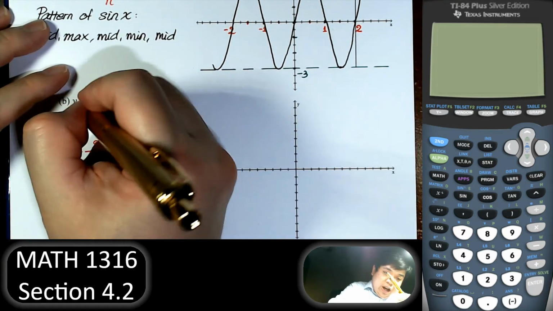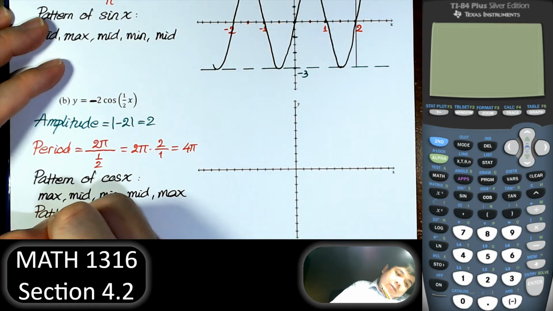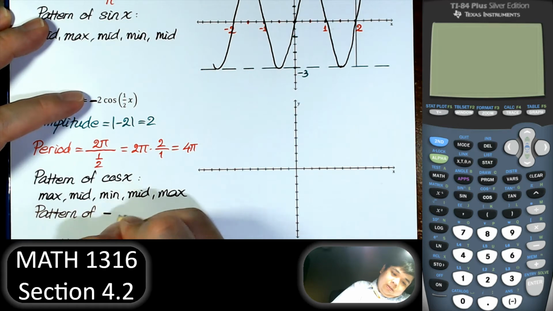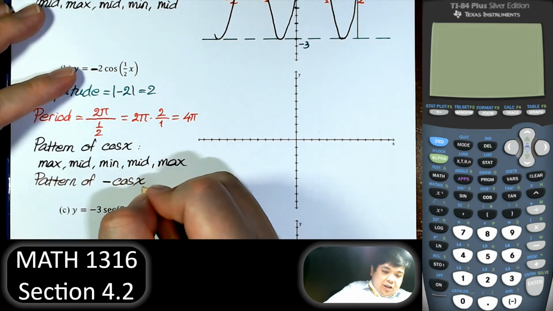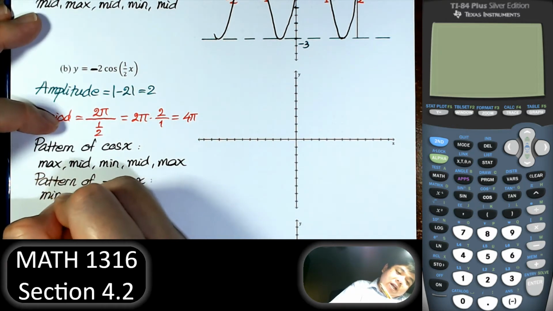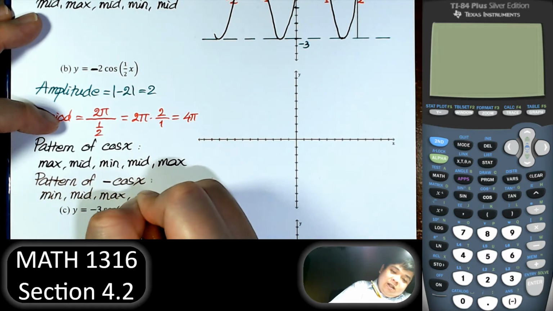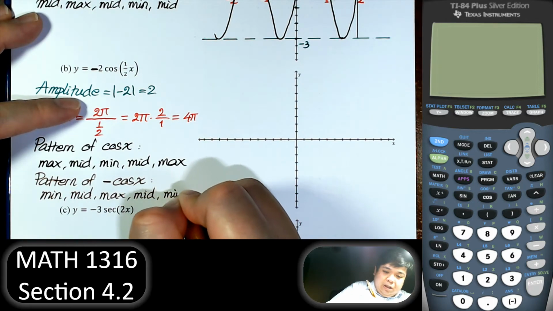Now we throw in the negative. Pattern of negative cosine: max becomes min, middle stays middle, min becomes max, middle stays middle, max becomes min.